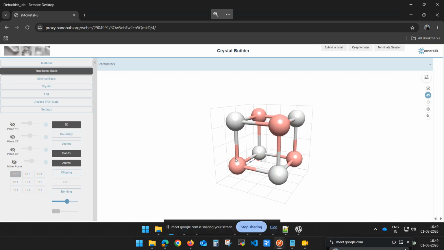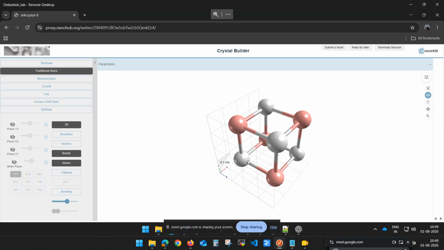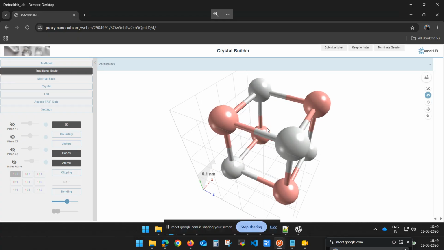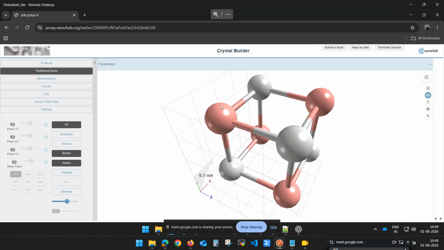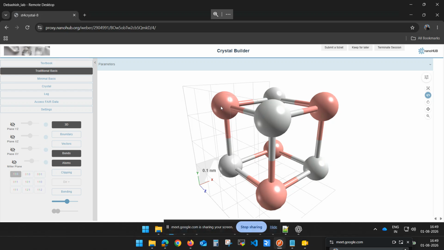So now can you tell me, this is for NaCl, right? Sodium chloride. So for sodium chloride, there are two types of atoms, sitting alternatively on each corner of the unit cell. These two types of atoms together are also called a basis. Fine.